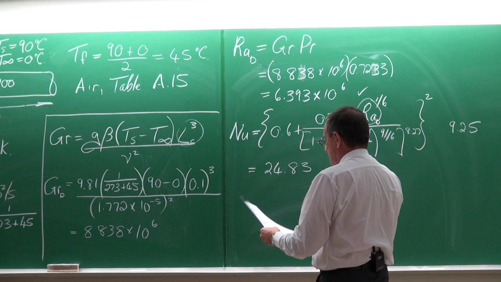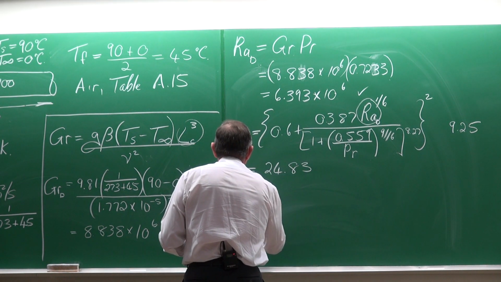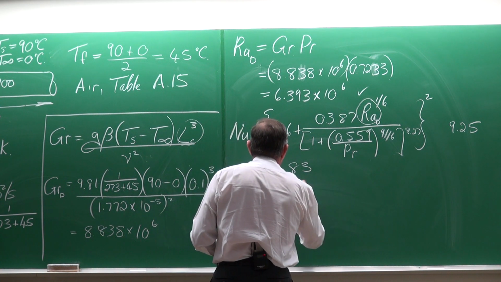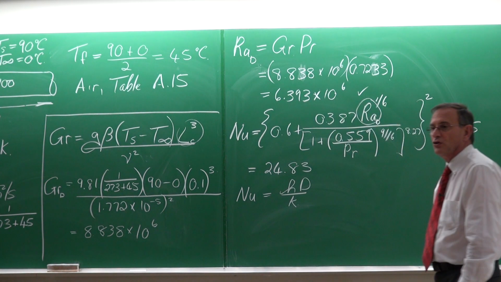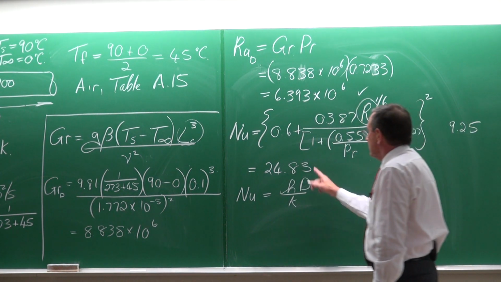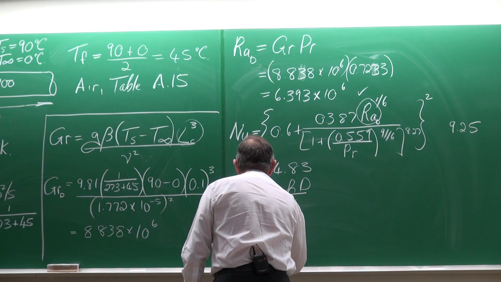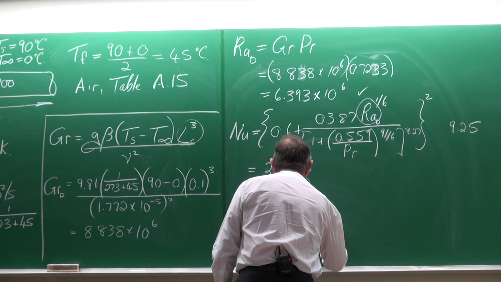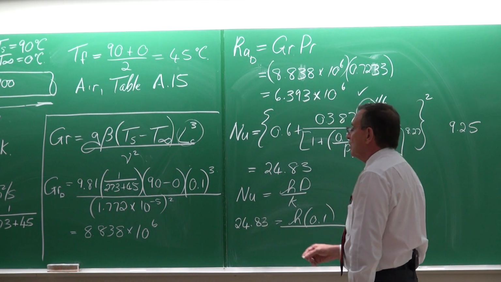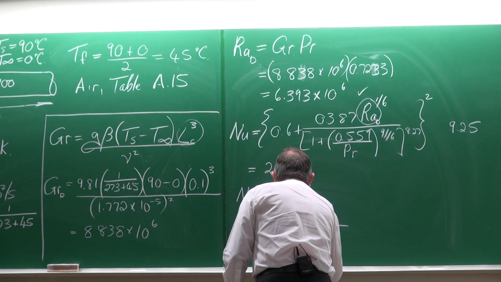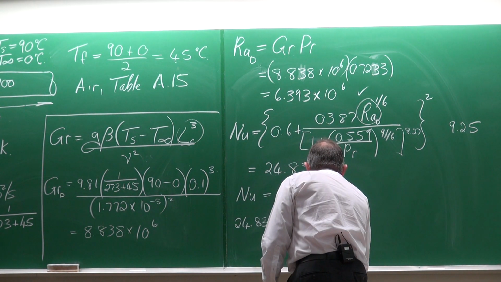Right, if we've got the Nusselt number, then it's very easy to get the heat transfer coefficient, because the Nusselt number is equal to the heat transfer coefficient multiplied by the diameter divided by the thermal conductivity. The Nusselt number, 24.83, is equal to the heat transfer coefficient multiplied by the diameter divided by the thermal conductivity, which is 0.02699.